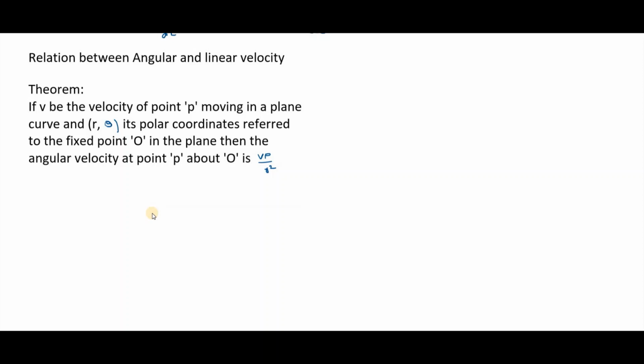This is a curve. Let this be a point P, and the coordinates of point P are (r, theta). Let this be the x-axis. Then this is the point O. Join O and P.